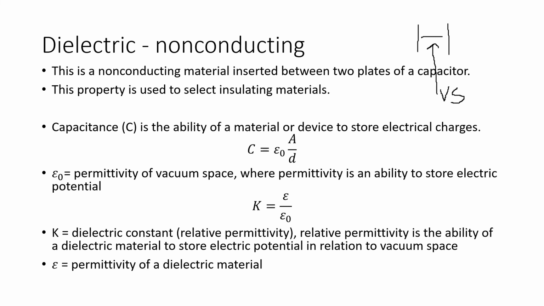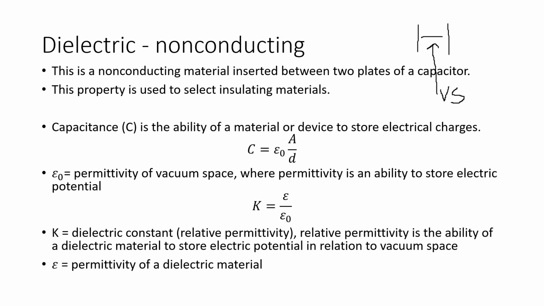So K is your dielectric constant, and that's your relative permittivity. It is relative because we are comparing the material that we're going to put in between the two plates with the vacuum. So if you have no material, that's a vacuum, and we call that just a regular permittivity. So here the vacuum has a permittivity, meaning the vacuum can store electric potential this much, okay?